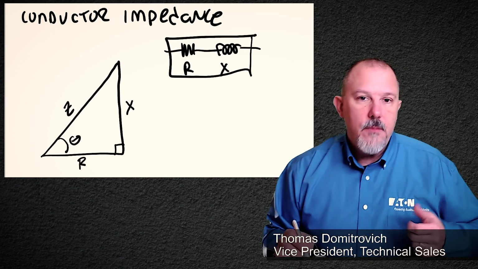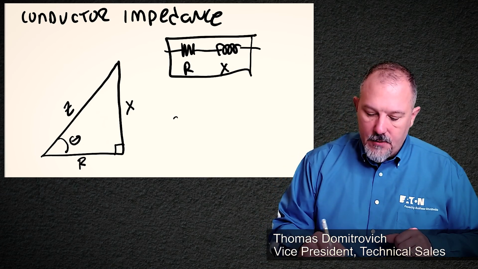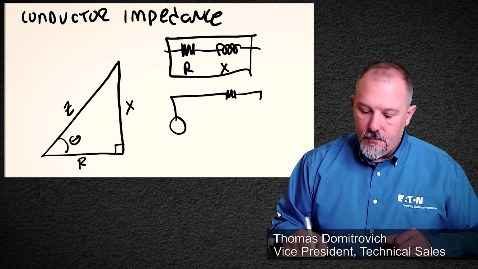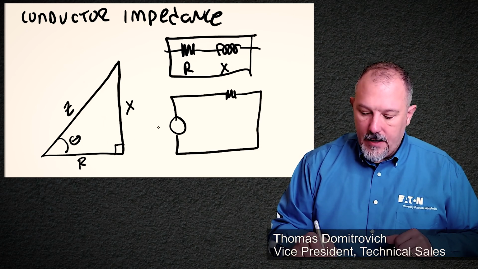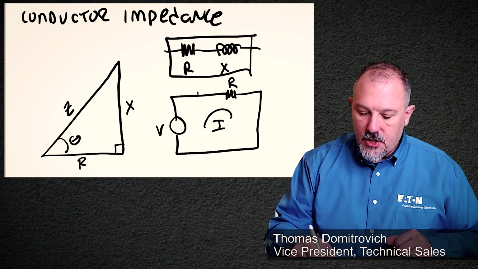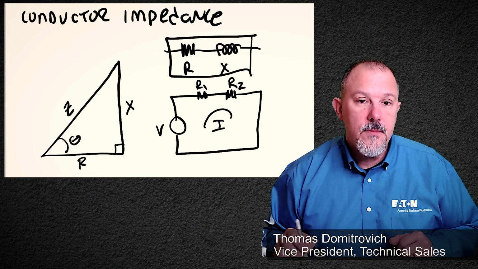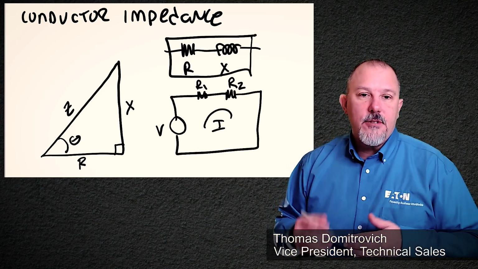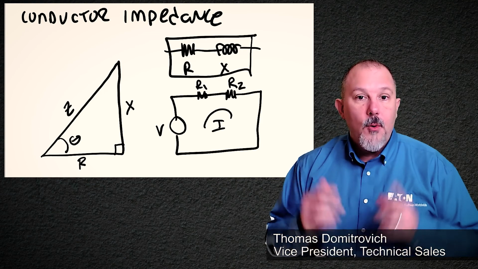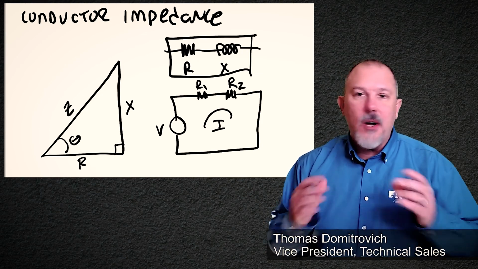So remember circuit diagrams: if I was doing a problem and I wanted to calculate I, and let's say there are two resistors, this is R1 and that is R2, I would take I is equal to V over the sum of R1 plus R2. But what if R1 and R2 weren't just R1 and R2?